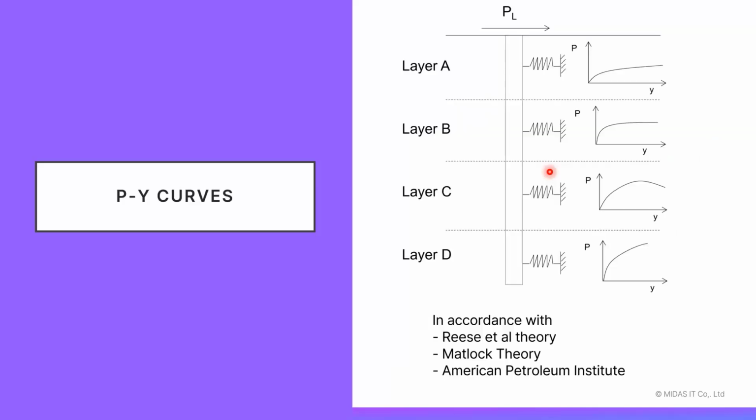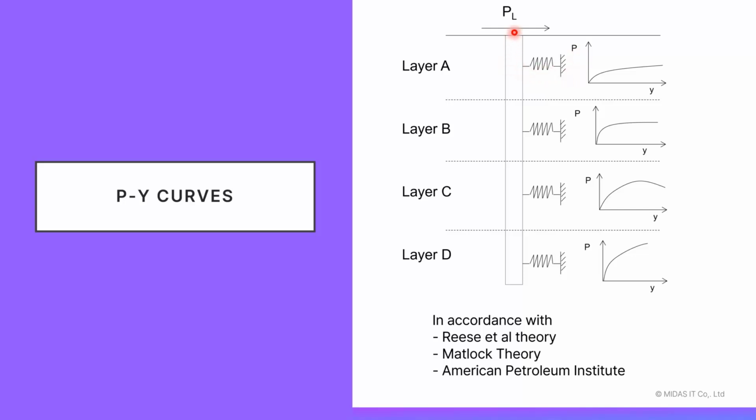There are other methods which are basically from empirical relations, which are P-Y curves. These are very common methods for more detailed analysis, determined according to Reese et al. theory, Matlock theory, and there are many equations provided by the American Petroleum Institute as well. As you know, the stiffness of the soil varies along the depth.